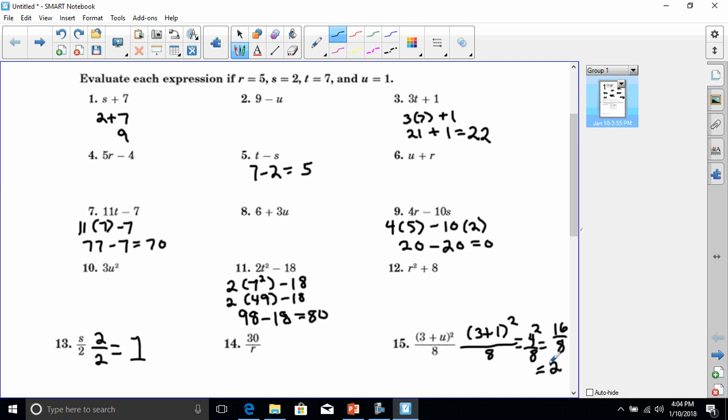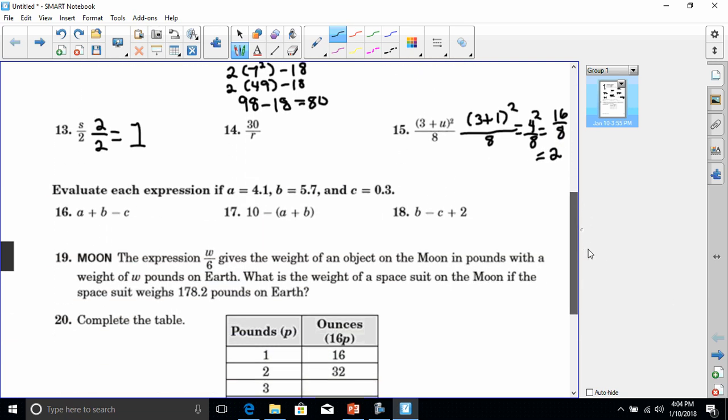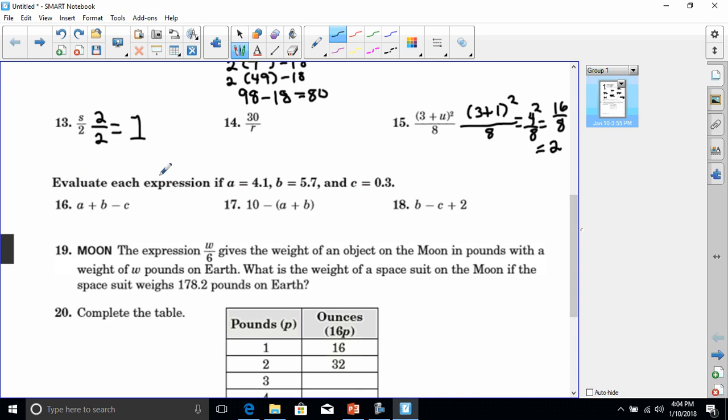All right, let's go to number 17 where we're evaluating. It says, evaluate each expression if A equals 4.1, B equals 5.7, and C equals 0.3. So if I did number 17, I'd have 10 minus A plus B. Well, A is 4.1.